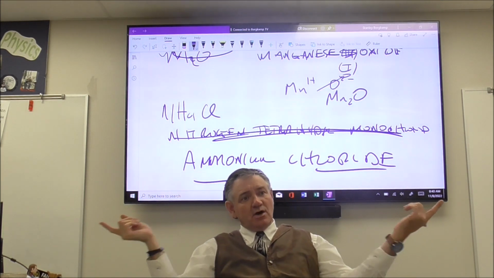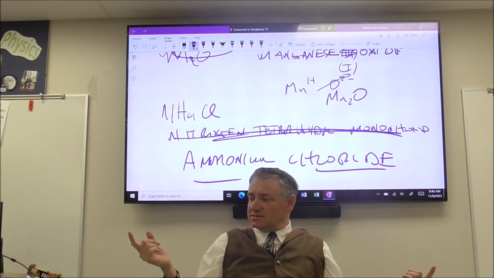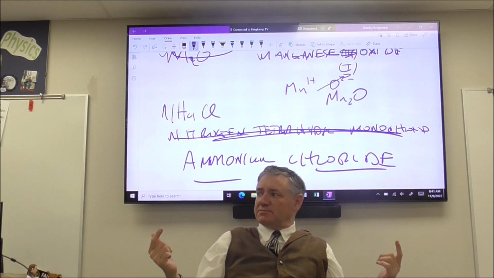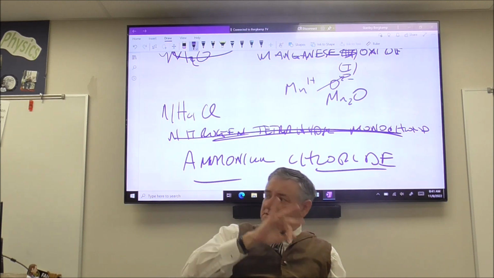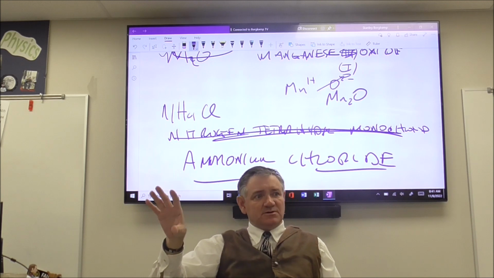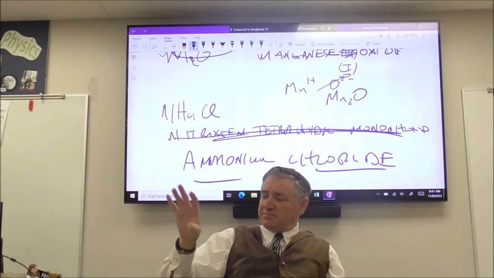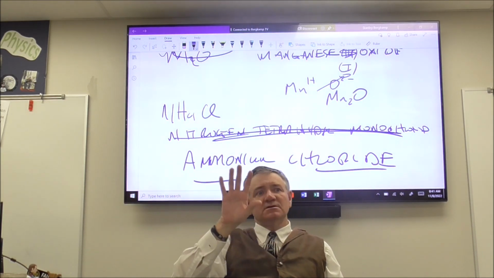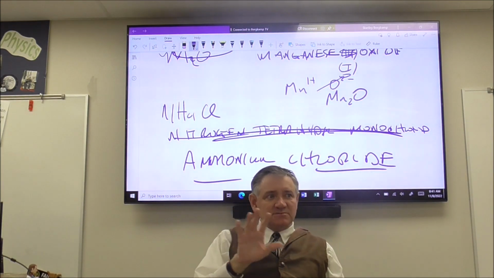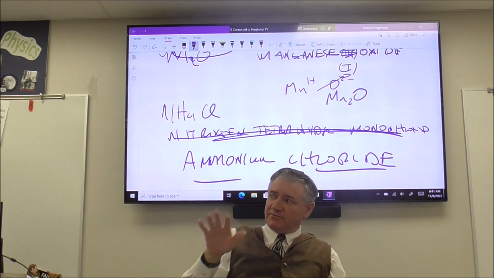If you'd rather swap out the oxidation states and make everything add up to equal 0, if you're more of a math person, go with that. So there are about 3 different ways that you can think this through. You have to pick the one that is most comfortable for your learning style. That's what you have to figure out.